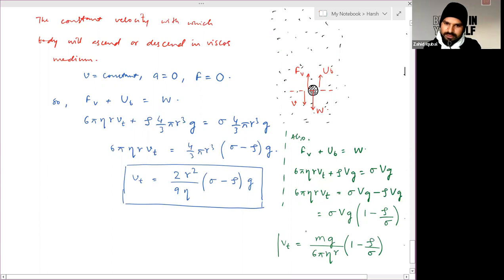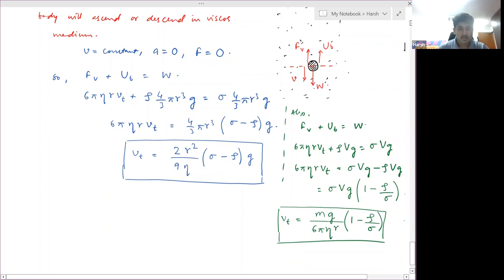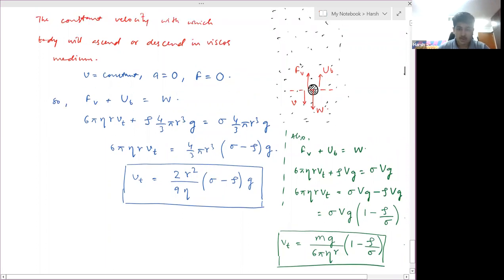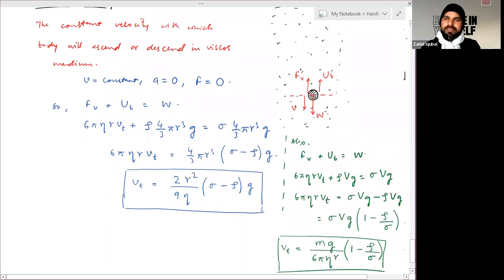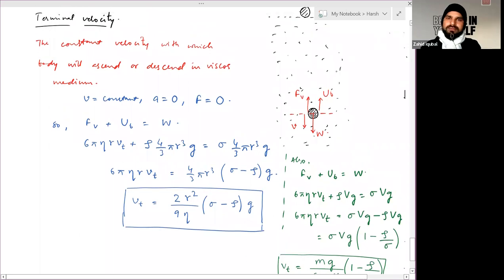So this will be another expression for terminal velocity in terms of mass of the object. Is it clear? Yes, sir. Any doubt? No, sir. Okay, just write it down.